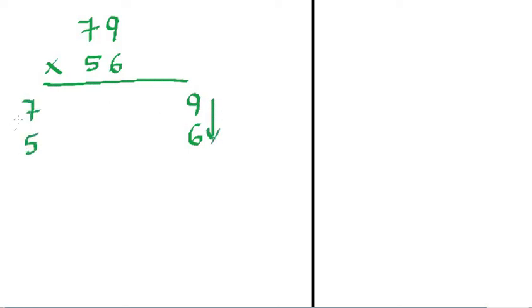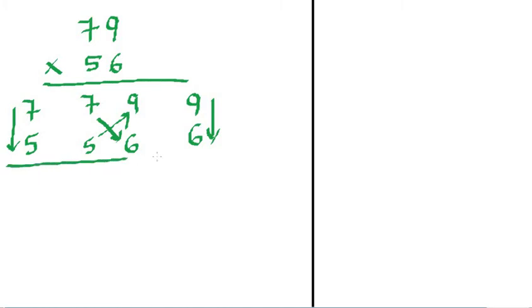The numbers at the tens place have to be multiplied, 7 with 6, 9 with 5. The cross, right? Again, 7 with 5, 9 with 6, and in the center 7 and 6, 9 and 5. So you have the 1 cross 1 method.